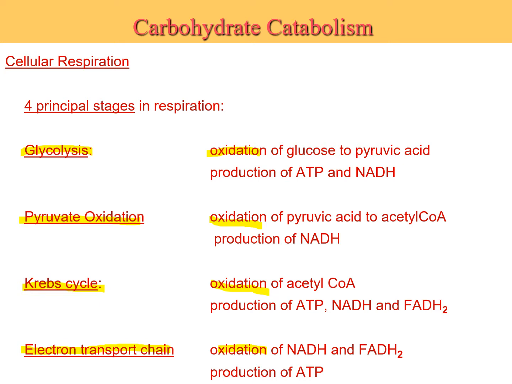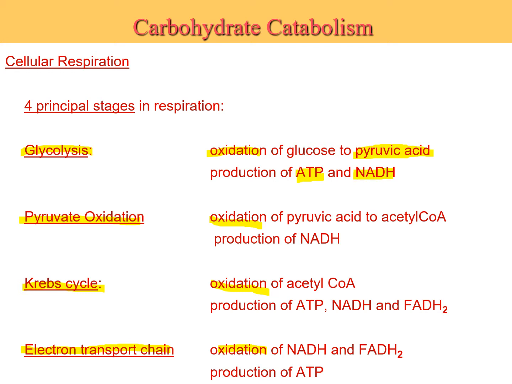I'm going to go into detail in the next few slides on each of these, but just as a summary to start you off, in the oxidation of glucose, the end product is pyruvate or pyruvic acid. Along the way, high energy compounds are produced, including ATP and NADH. So these are 2 molecules which contain a lot of energy.